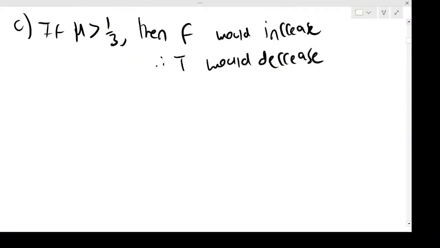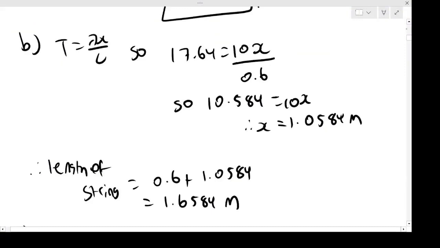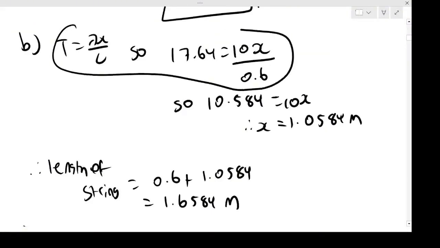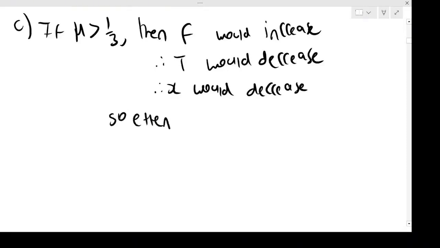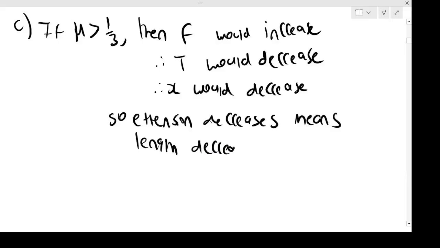And so T decreases. Then again via Hooke's law, X would decrease as well. But X is the extension, so the extension is decreasing. That means the total length decreases. So therefore our answer will be lower. That's from a mathematical lens, right?